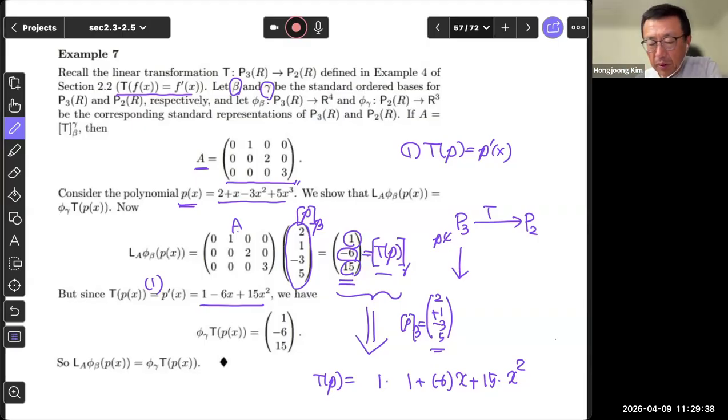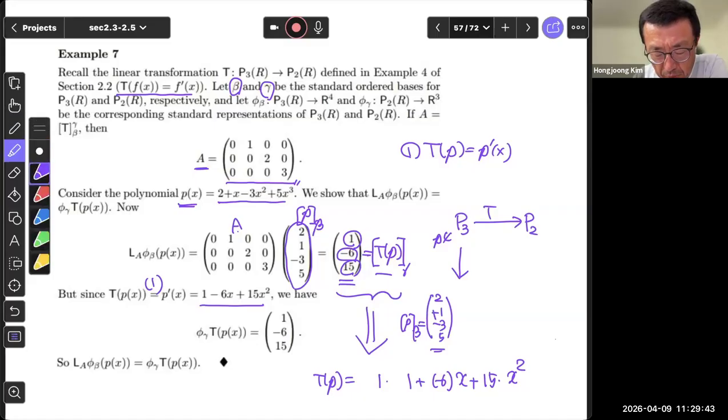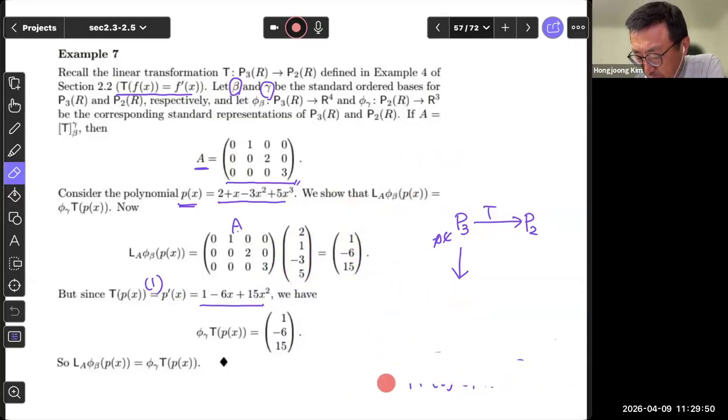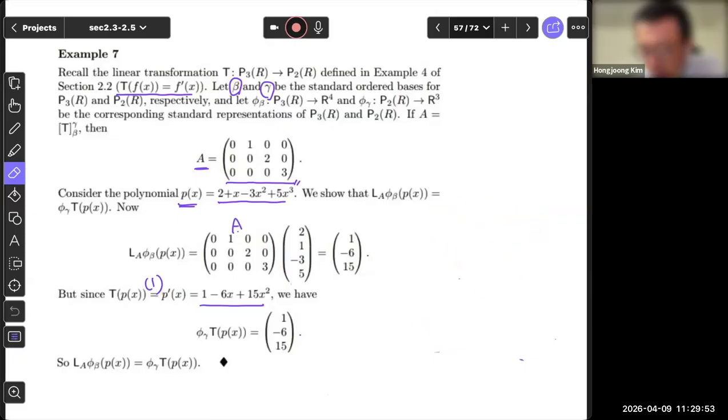So let me consider a different example here. What if I change the basis? Say basis beta is the same, 1, x, x squared, and x cubed, but what if I consider a different basis?